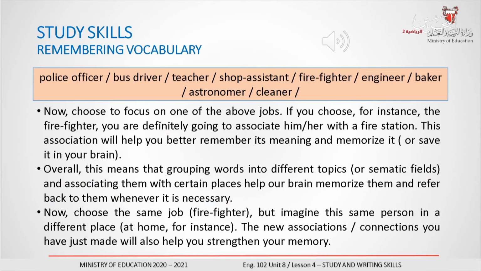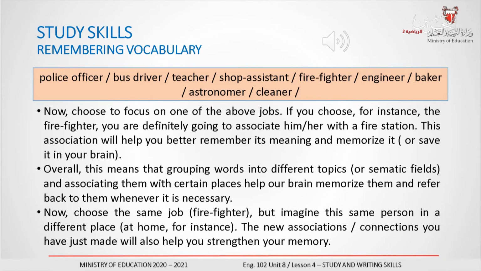Now, choose to focus on one of the above jobs. If you choose, for instance, the firefighter, you are definitely going to associate him or her with a fire station. This association will help you better remember its meaning and memorize it, or save it in your brain.